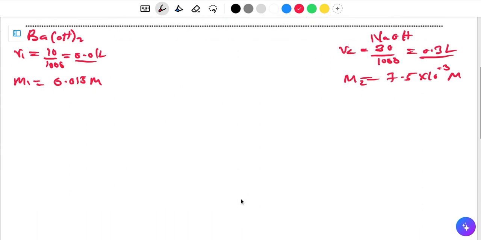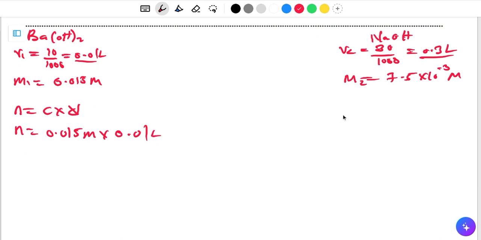The next step, you need to calculate the number of moles before you write the decomposition reactions or the ionic equations of these ones. So number of moles is equal to concentration multiplied by volume. So we have concentration here, which is 0.015 molality multiplied by the volume, which is 0.01 liters.